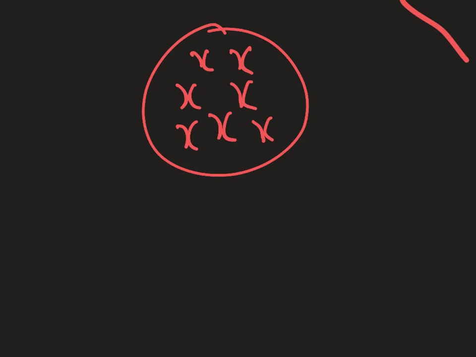You have 23 pairs of chromosomes. So each pair is 2, right? So in this one, let's say there's 23 of those. I can't get them in there. But we have 23 pairs like this. That means we have 46 total chromosomes because it's doubled. That's what it means by that. Good question. We're good? Okay?